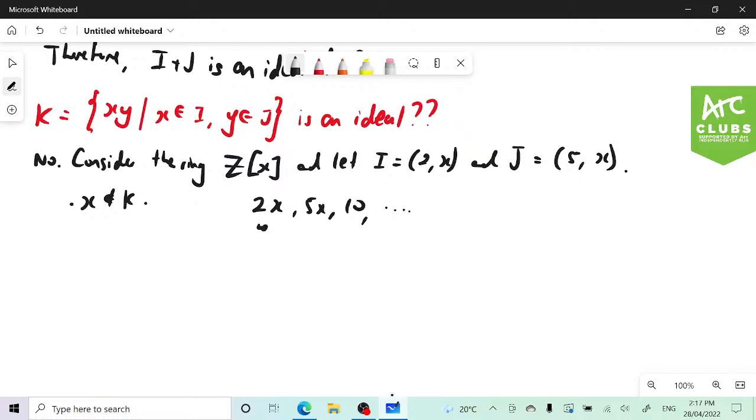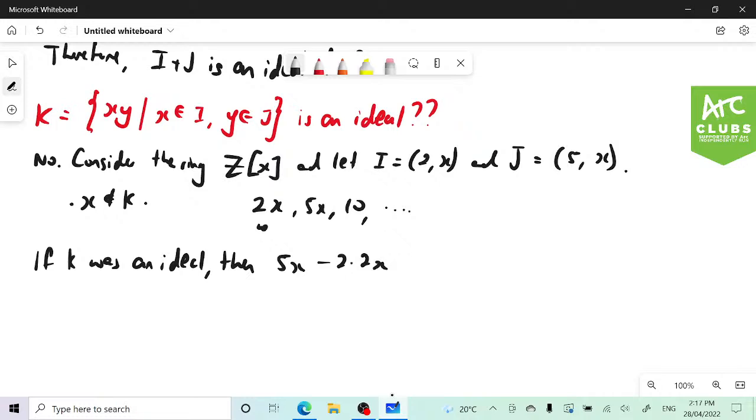But what we know is that if K was an ideal, then we can generate 5x minus 2 times 2x. Remember that if K was an ideal, then it's an abelian group under addition.